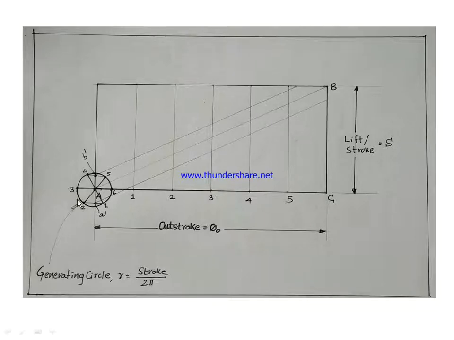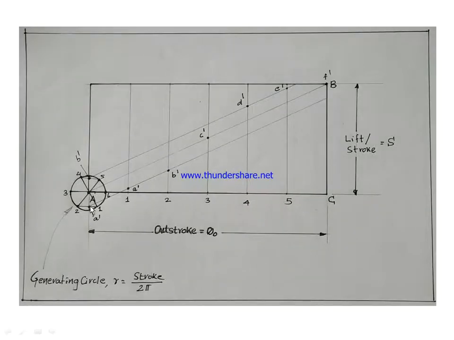Then after that you have to locate the points on these vertical lines. How? Let us say here at A dash, this line contains points 1 and 2, so they will intersect the corresponding lines 1 and 2 at A dash and B dash. Similarly, this point contains 3 and 6, so it will intersect here at 3 dash, and this is 6 here.